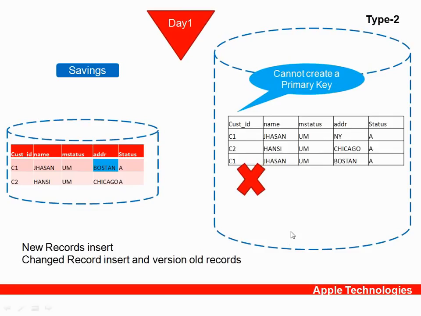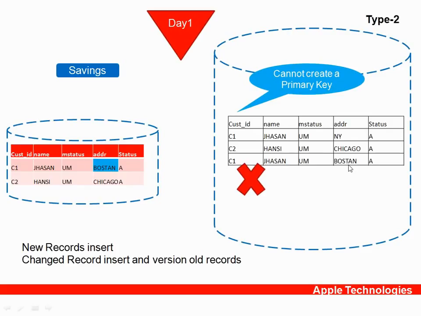As per the type 2 strategy, new record insert: there is a change for C1, Austin and Boston. I am taking this data and putting it into this table. The previous C1 stays as it is, I am not disturbing it. The second C1 is also there, I am not disturbing it. C1 has a change, so when there is a change, I insert it into this table.